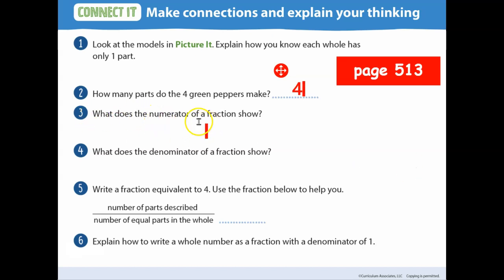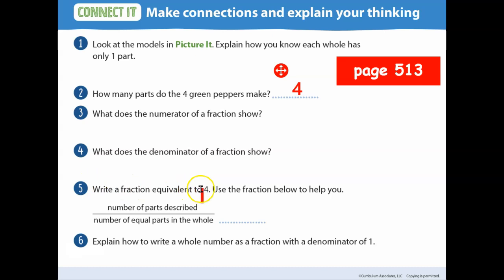What does the numerator of a fraction show? The number of parts we're talking about. Yeah, the number of parts that each whole has, or the total number of parts. What does the denominator of a fraction show? The number of the total parts of the whole.